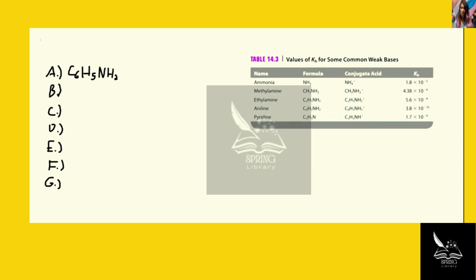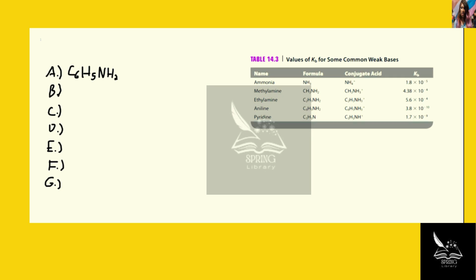All right, now they want to know which is the stronger base, H2O or C6H5NH2. Well, water can act as an acid or a base, but it's not particularly basic. If I have a glass of pure water, its pH is going to be 7. If I have a solution of aniline, its pH is going to be greater than 7 because it's more basic.